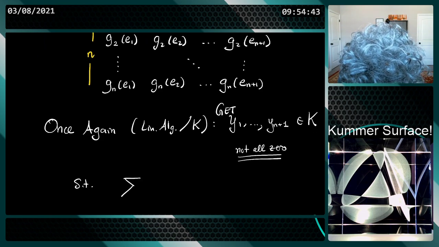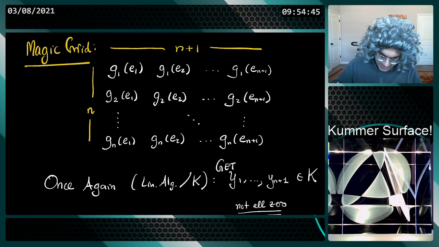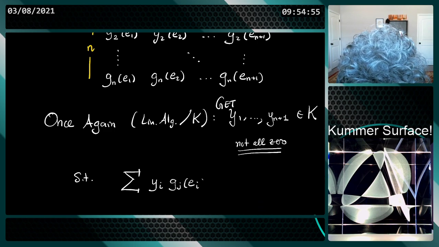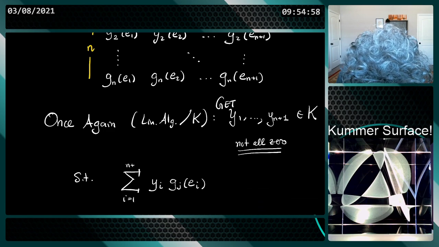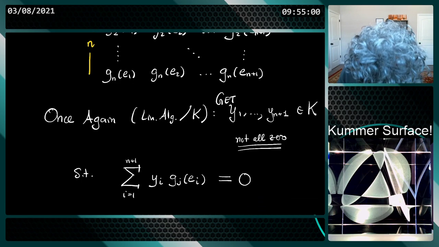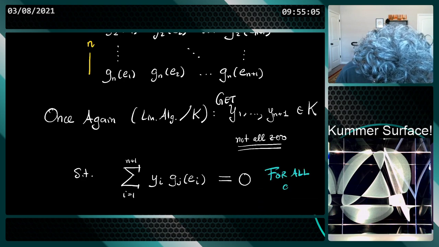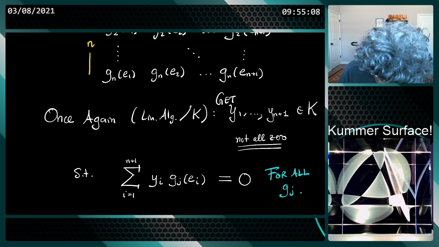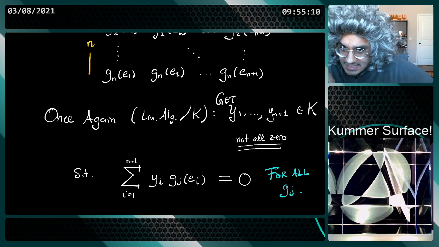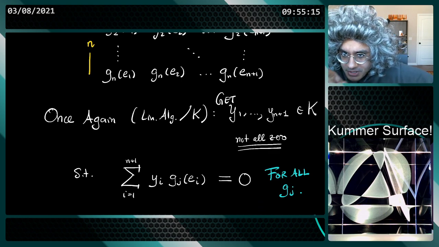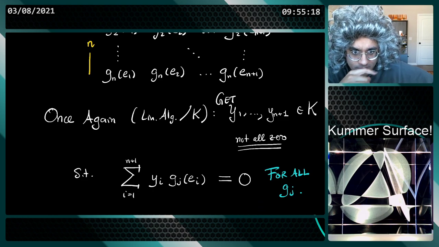Such that these sums. Now let me try to write that matrix multiplication. For every single GJ, for every single element of the group, apply them to these particular elements E1 up to En plus 1.